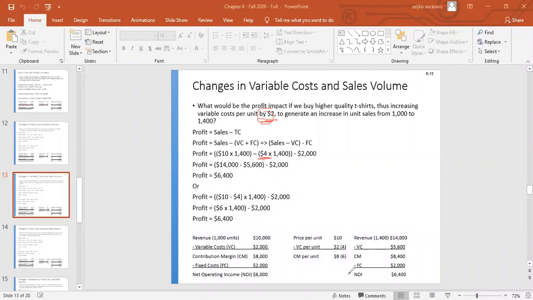Well, clearly it will decrease to 6, right? 10 staying the same because we are not told anything about price. Minus $4 and new variable cost per unit. This is new contribution margin 6.